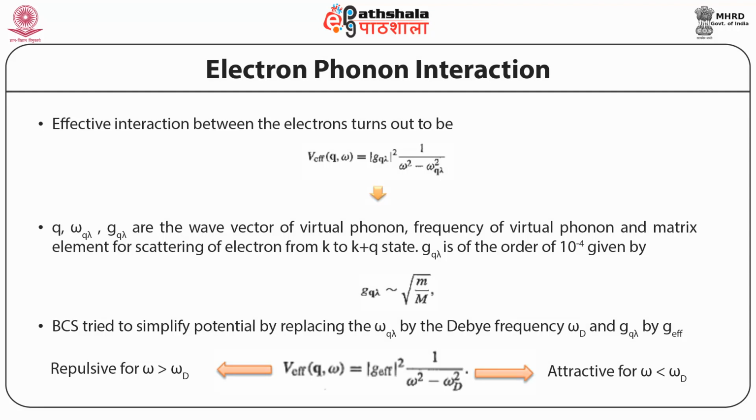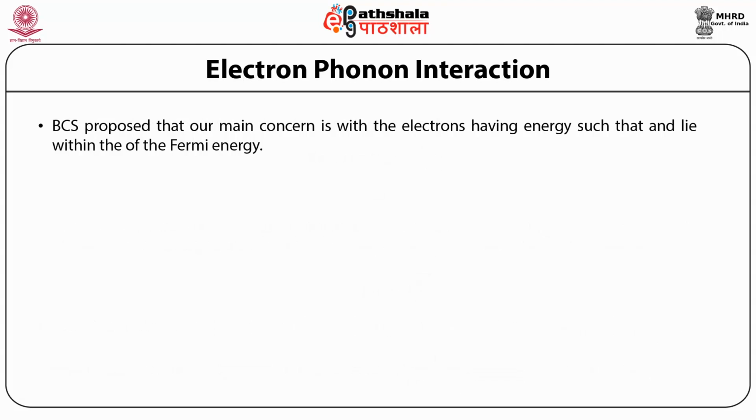Now, the BCS theory proposes that our main concern is with the electrons having energy such that they lie within the Fermi energy. Hence, BCS theory tells us that mod of omega should be less than the Debye frequency omega_D. That implies that this V effective potential is negative of the mod of g effective whole squared.